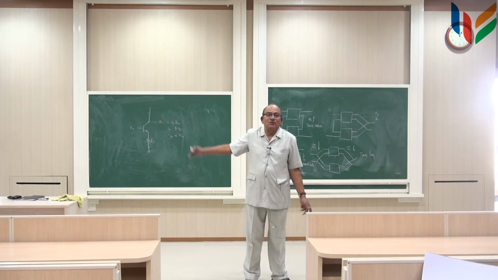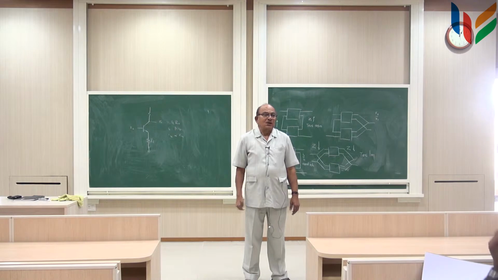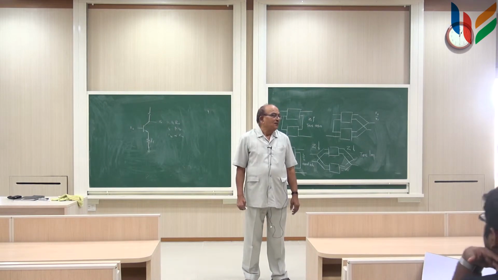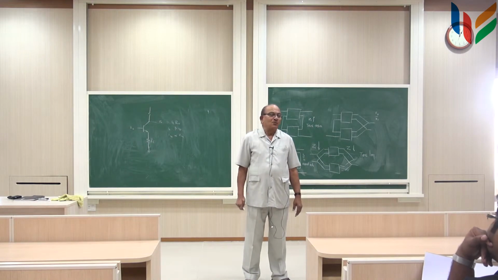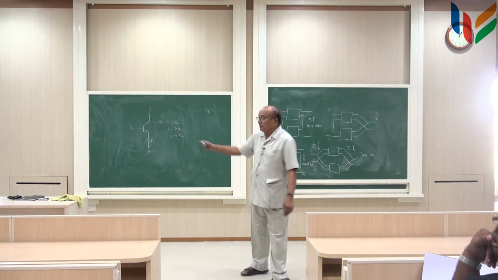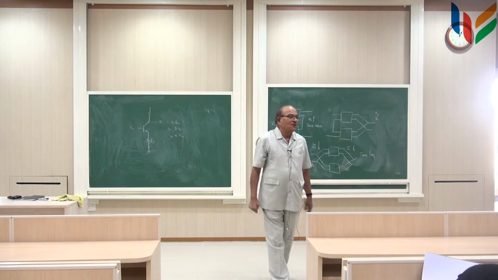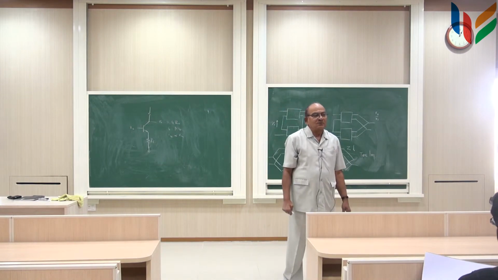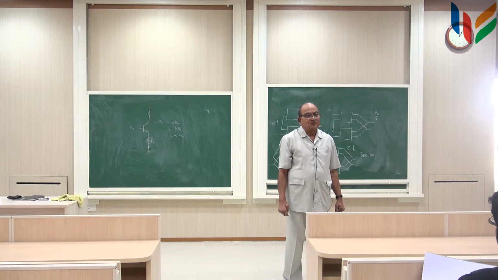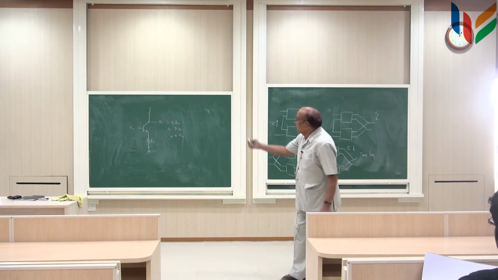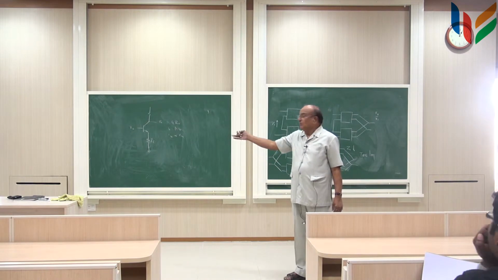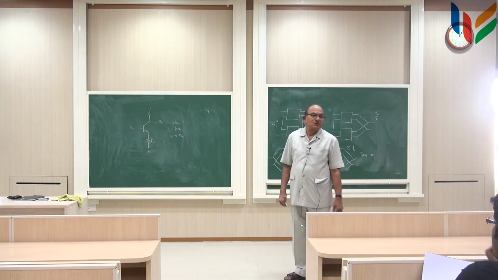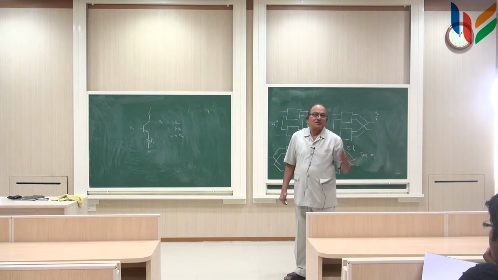If RE is 1 kilo ohm, for example, then 100 into 1 kilo ohm, beta into RE, will be about 100 kilo ohm. So from a few kilo ohms of input impedance, I have jacked up to hundreds of kilo ohms for the signals. By a simple technique like this, I have been able to increase the input impedance by orders of magnitude.